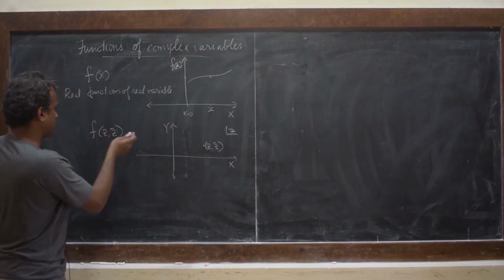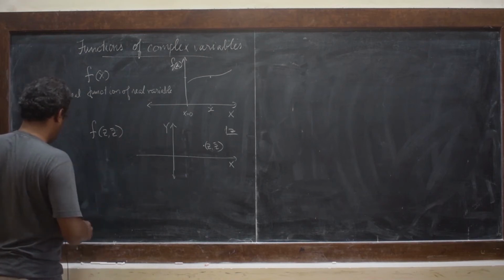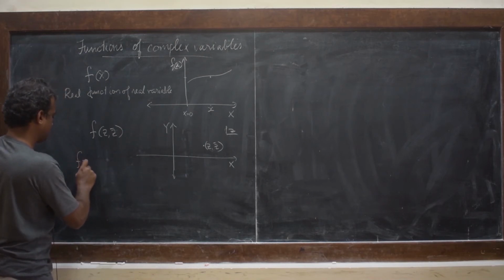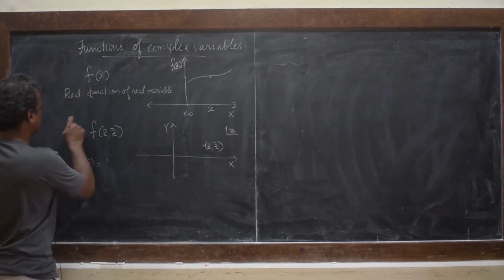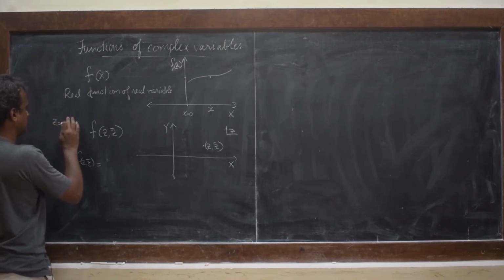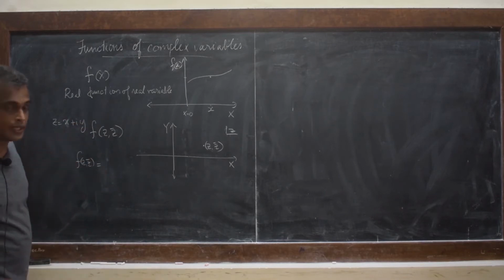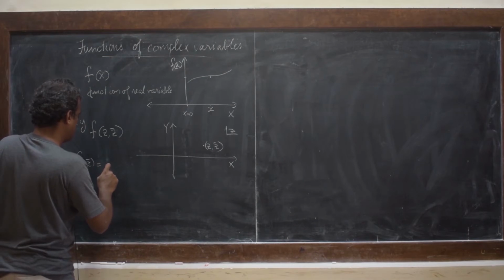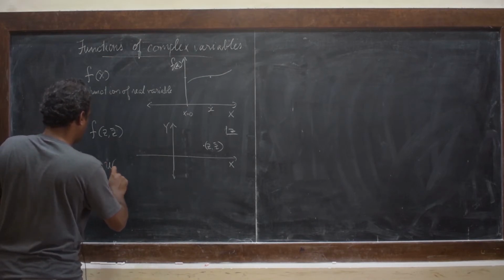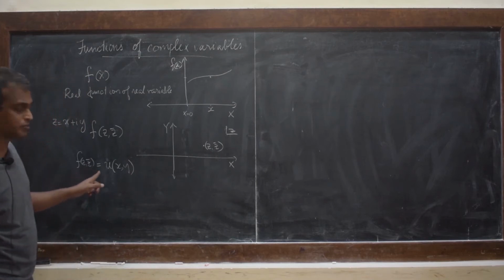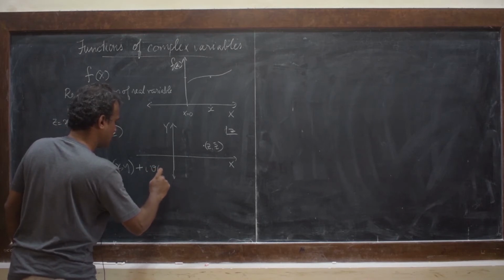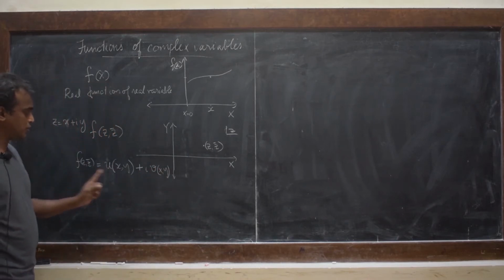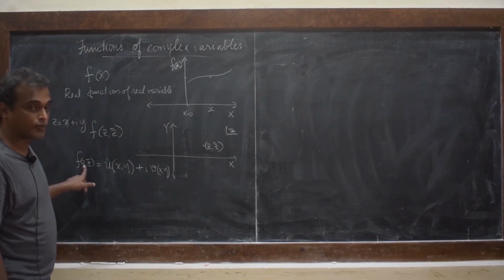In which case, a function of this type could be written in terms of the real and imaginary parts, the two variables x and y, as a function u of x and y, which makes up the real part of this function, plus i times another function v of x comma y, which makes up the imaginary part of this function.